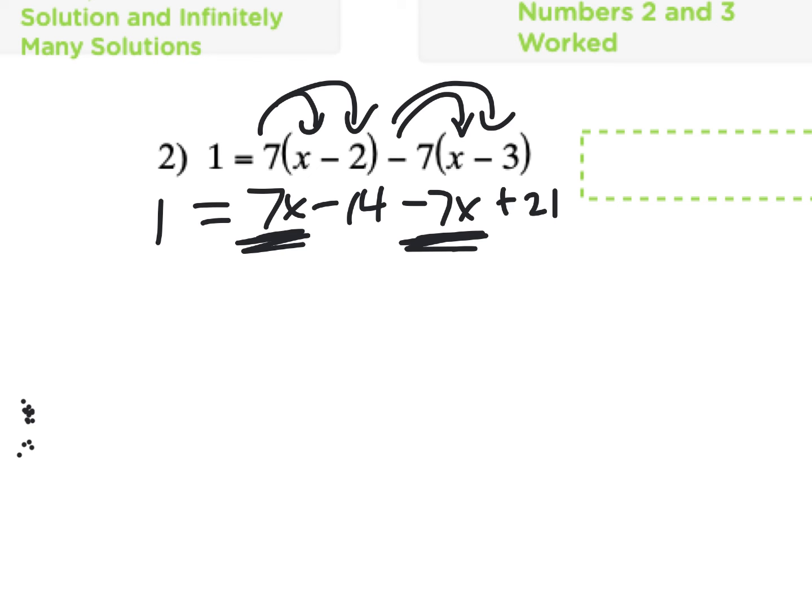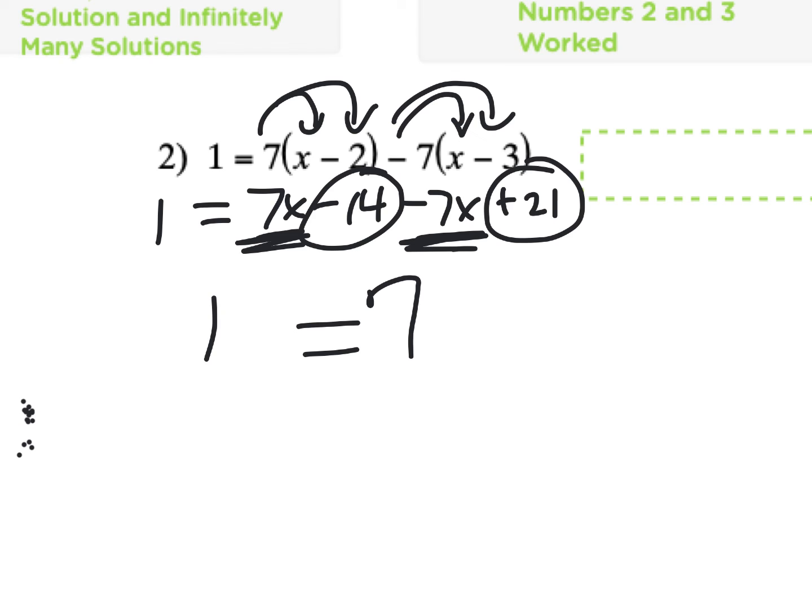And then if you combine the numbers on that side, negative 14 and positive 21, the x's cancel each other out, so you combine the 14 and the 21. So look, you're going to get this equation. The variables canceled out, and you've got an equation that's false. That means that because of the way this equation is set up, there's not a value that will make this equation true.